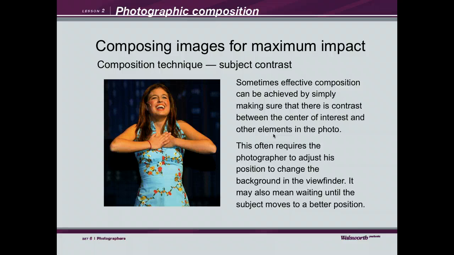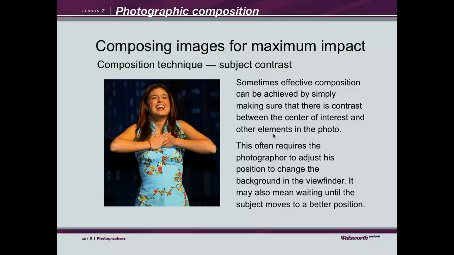Now here are some other compositional techniques that you always need to be aware of. The next one is called subject contrast. Sometimes effective composition can be achieved by simply making sure that there is a strong contrast between the center of interest and other elements of the photo. So in this case, with the young lady who is seen in a play or some other performance, the background is very dark, where her dress is a very light blue.